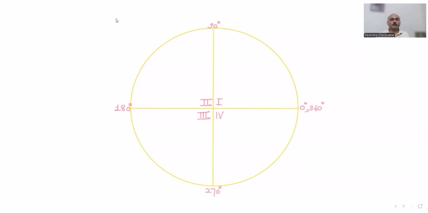I hope all of you understood the quadrants of the circle. The angles which are the start and end of each quadrant are called reference angles. What do we call these angles? Reference angles. Understood what are reference angles?